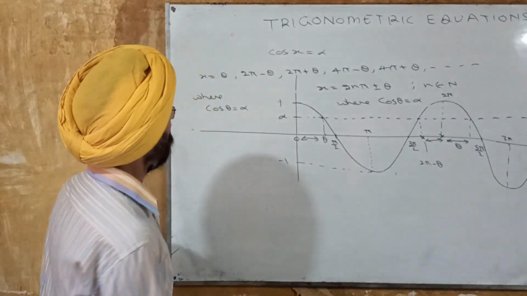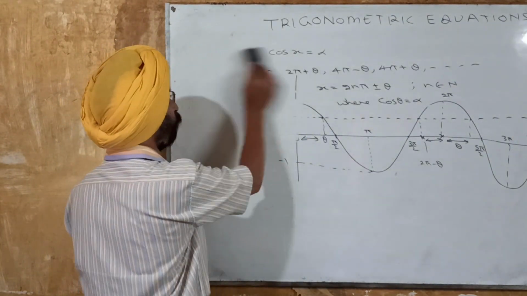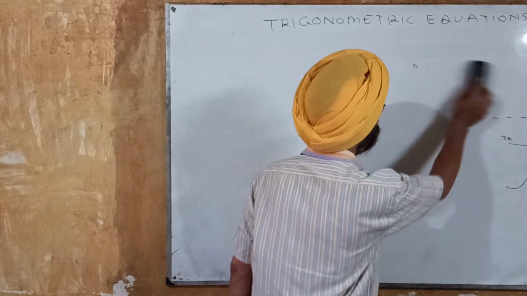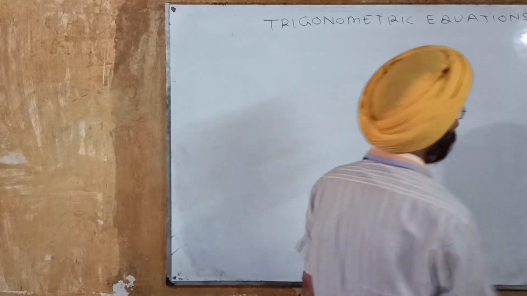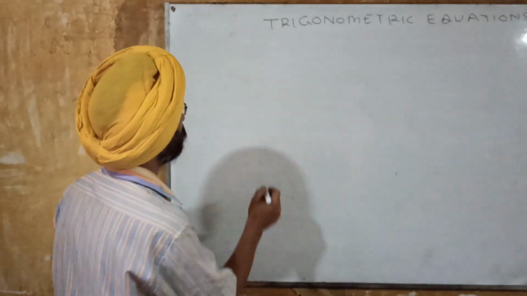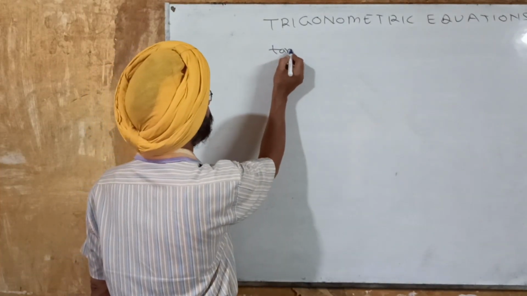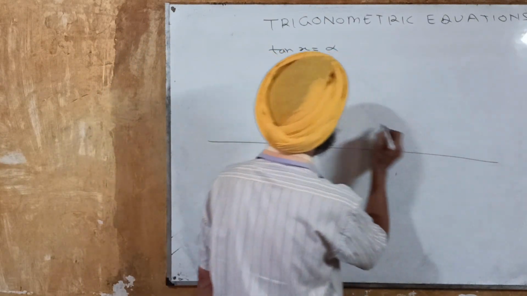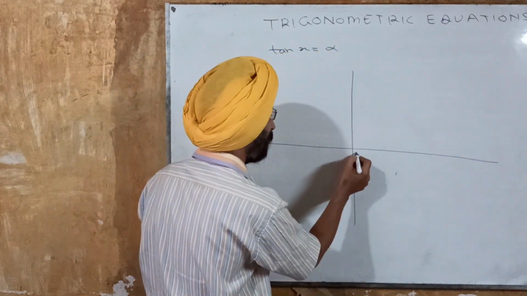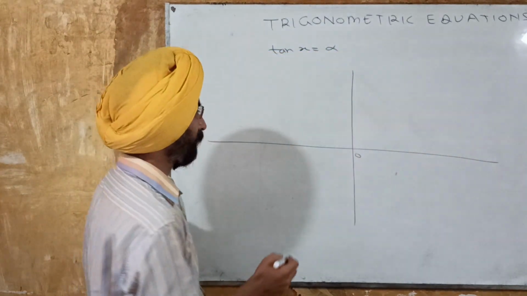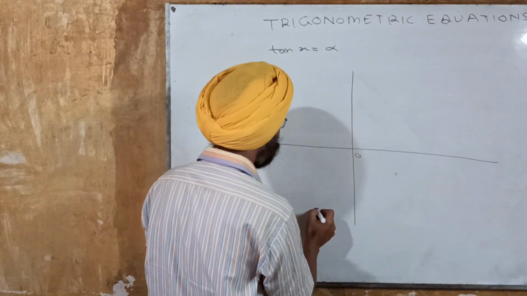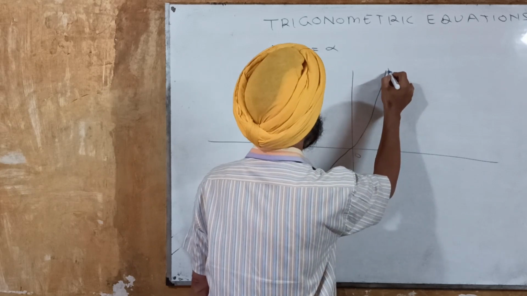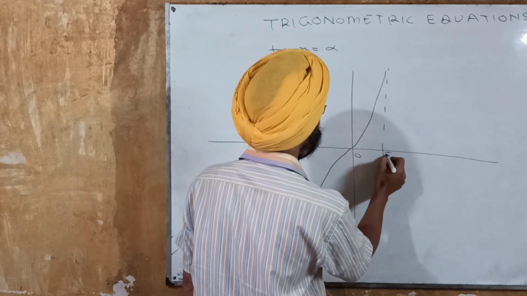Now the third important result in this topic is for tan. What will you get when tan x is alpha? When you are given tan x is equal to alpha, once again consider the graph. It is 0. You will get the graph of tan something like this, and this is your line pi by 2.